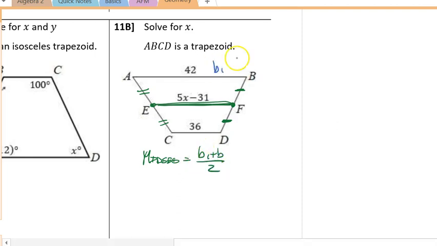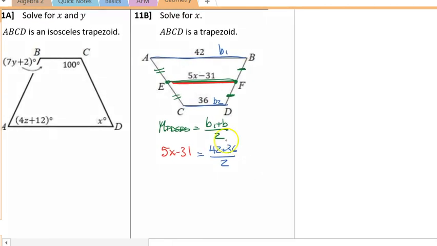Looking here, we can call this distance base 1, and we can call this distance base 2. So using my formula, we have 42 plus 36 divided by 2 is equal to whatever the length of the mid-segment is. In this case, the length is 5x minus 31.